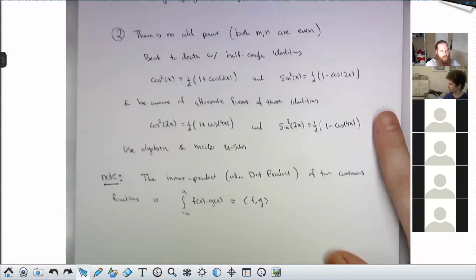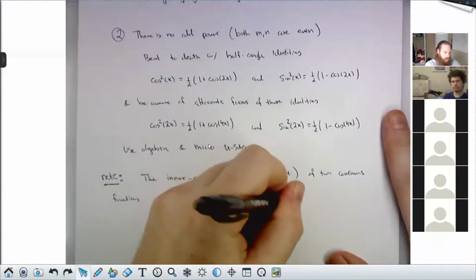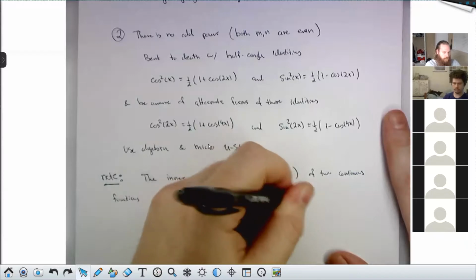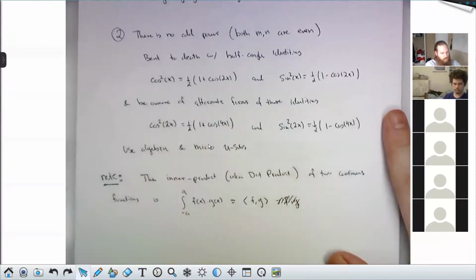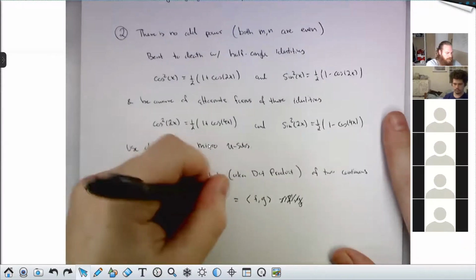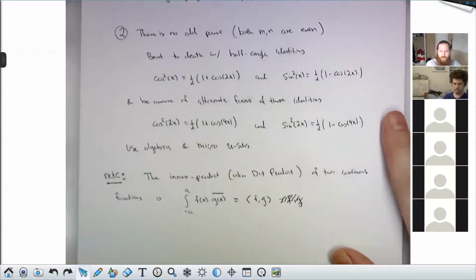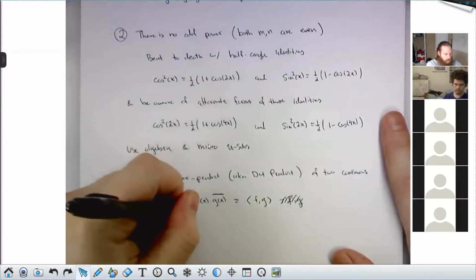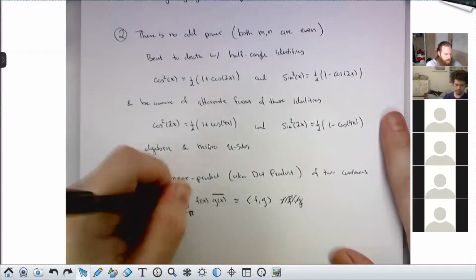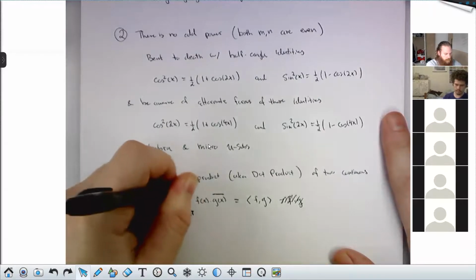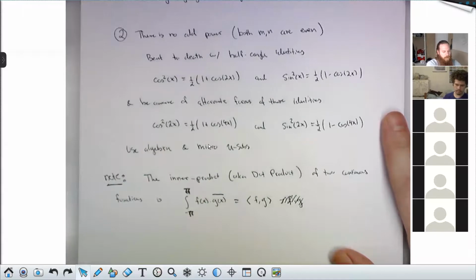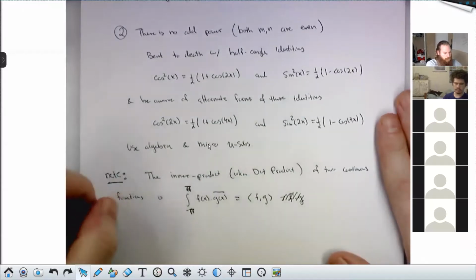It's usually written like this, sometimes written like this, but people confuse this with other things, so we don't usually write it like that. In practice, we usually take the complex conjugate of the second function, because usually we allow these to be complex valued functions. And in practice, we usually use pi and negative pi as the bounds for the integral. The fact that sine and cosine are orthogonal, right?